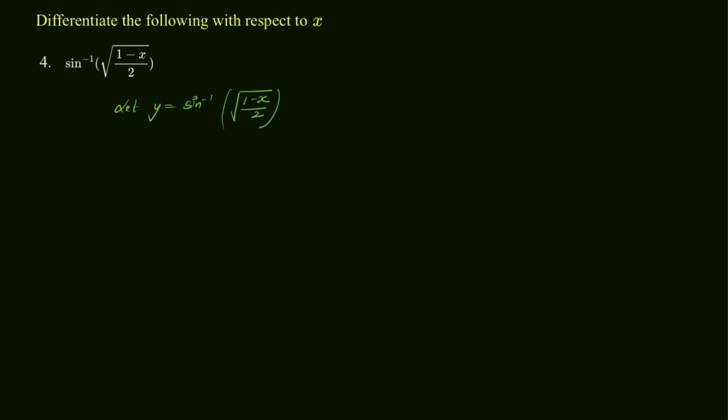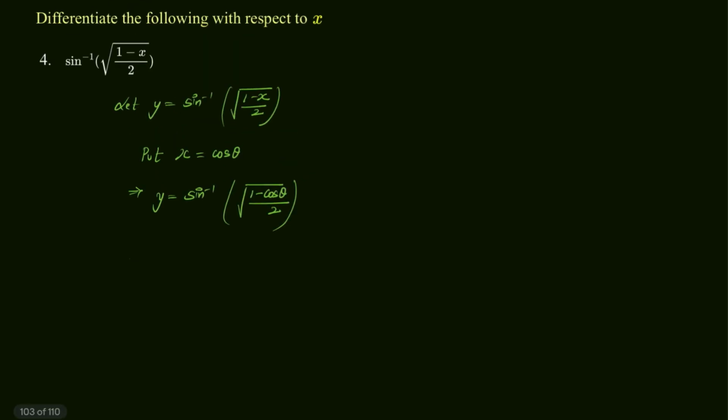Now let us put this x as cos theta. Then my function will be y equals sine inverse of root over 1 minus cos theta by 2. See, the purpose of putting x equals cos theta is that we have the formula for 1 minus cos theta.